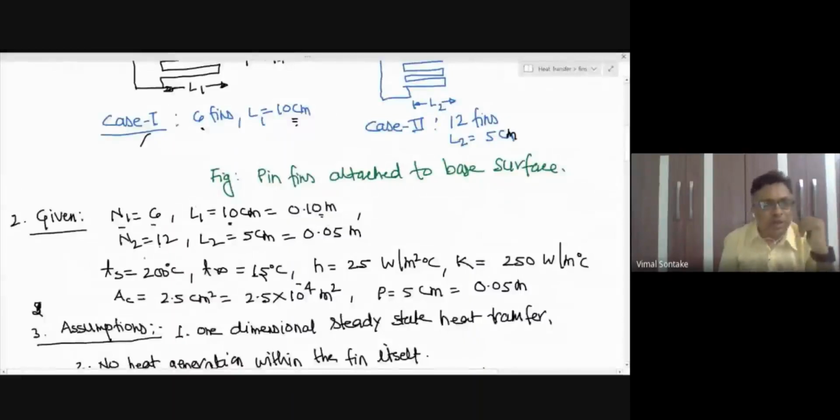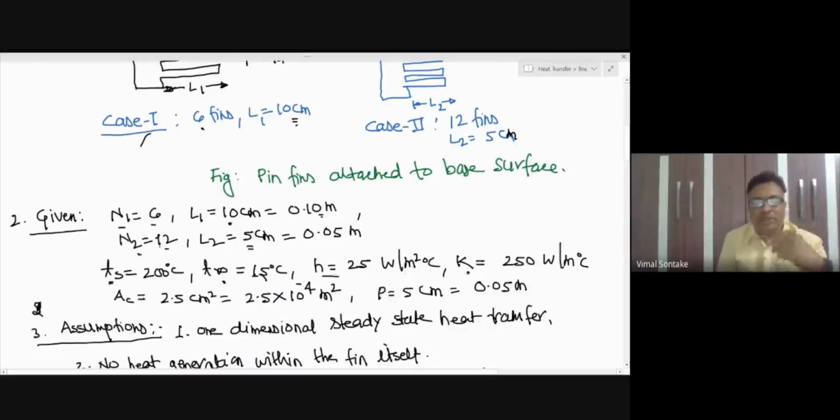In case 2, number of fins N2 are 12 and their length is 5 centimeter, 0.05 meter. In both the cases, base surface temperature remains 200 degrees Celsius. The fins are exposed to the same environment at temperature 15 degrees Celsius. Convective heat transfer coefficient 25 watt per meter square degree Celsius.